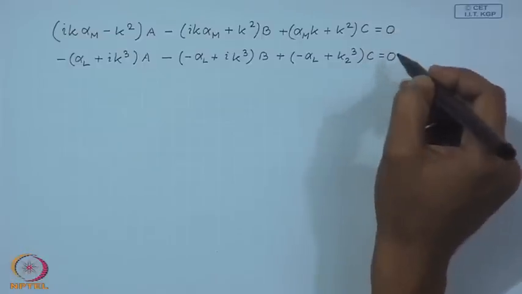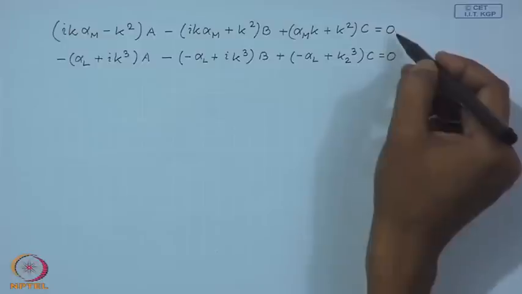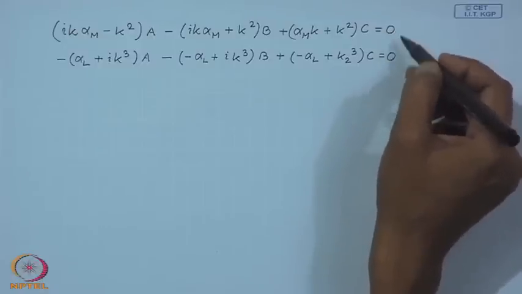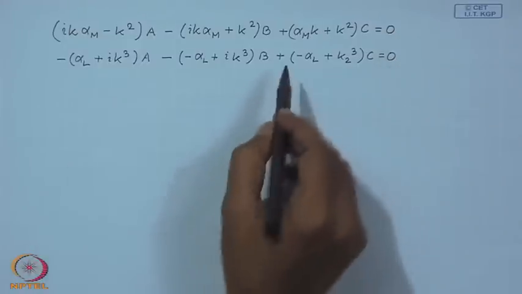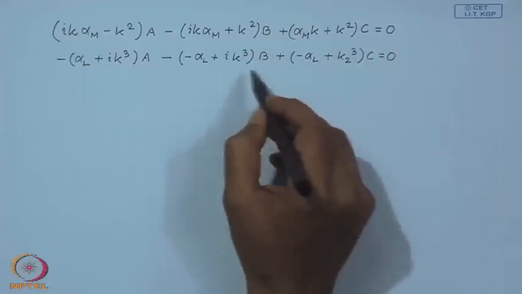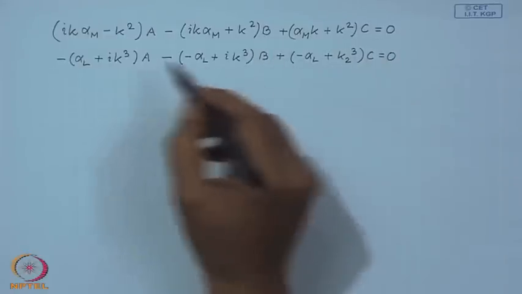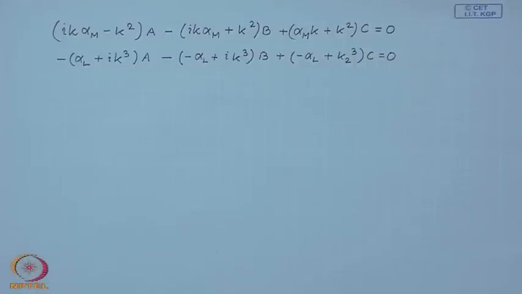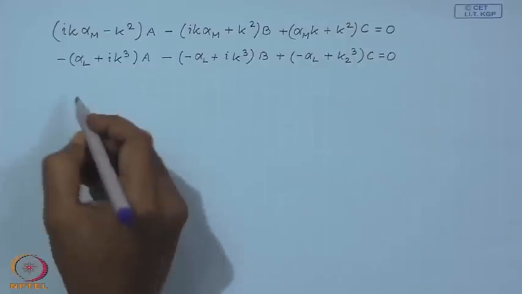These are the two equations obtained from the bending moment and the shear force conditions. Now, these are two simultaneous equations in B and C. So, you can solve for B and C in terms of A. We will solve this as a ratio.